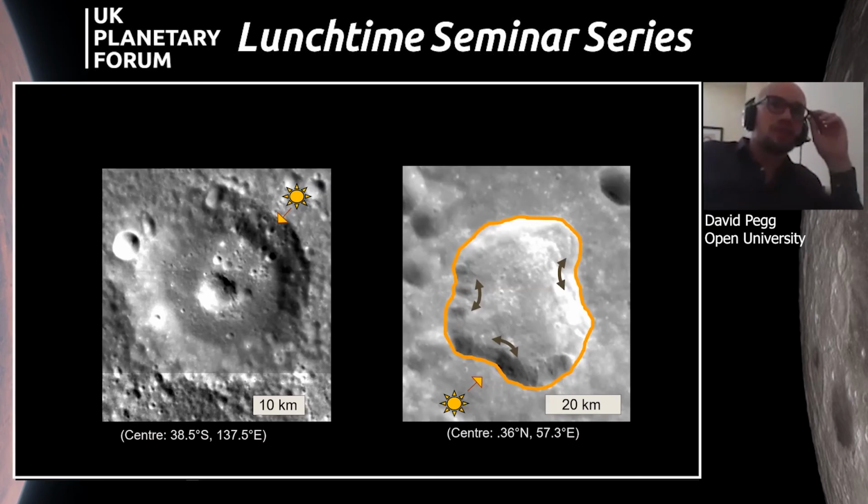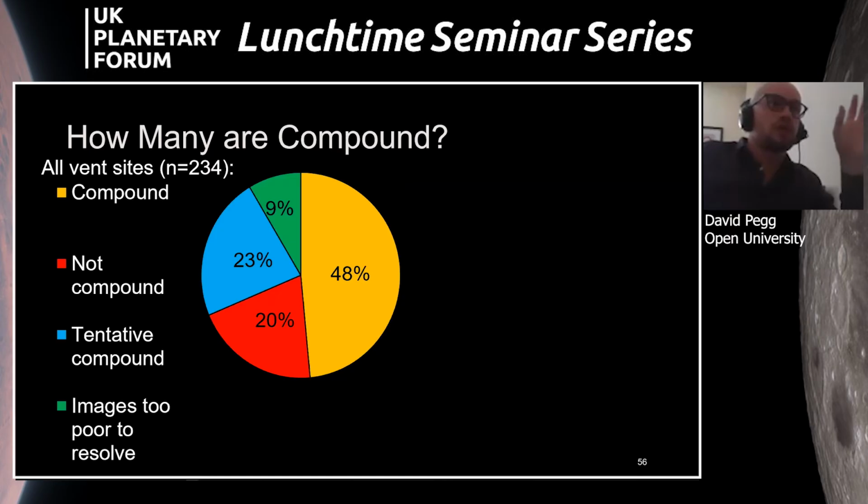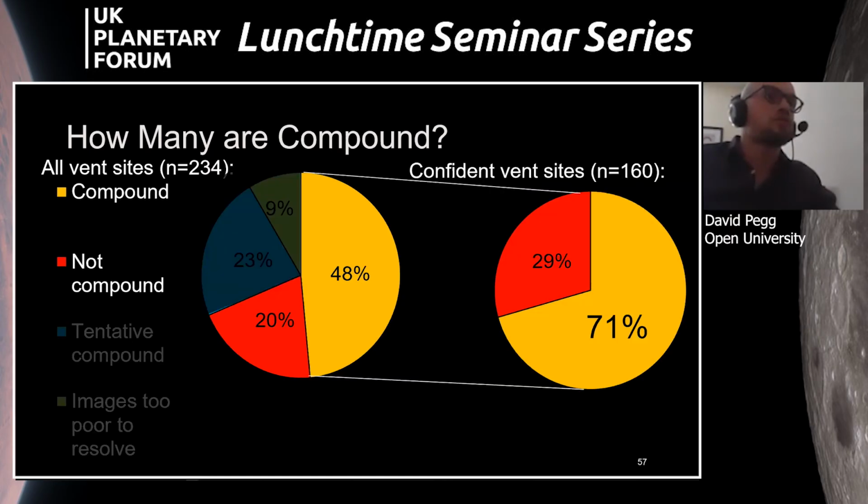So I did this review and looked globally, and basically found that of all the vents that I could identify, about 70% had erupted more than once, with the remainder appearing to only erupt once, or only having signs that it erupted once.